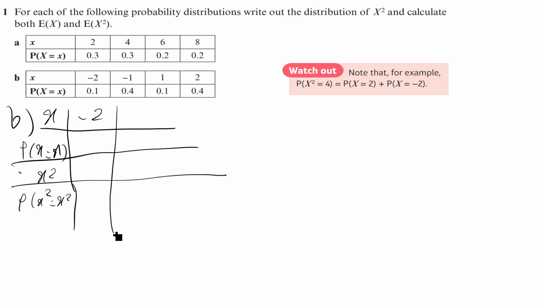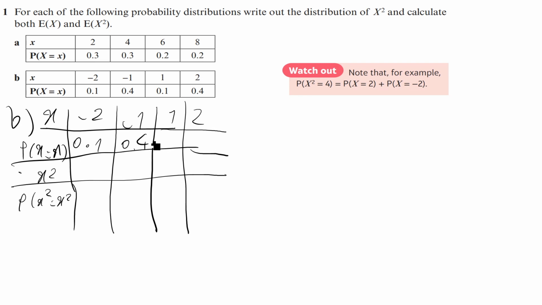Minus 2, minus 1, 1 and 2. Okay, probabilities are the same, and here we square the values of x, and also the same probabilities as I mentioned before.